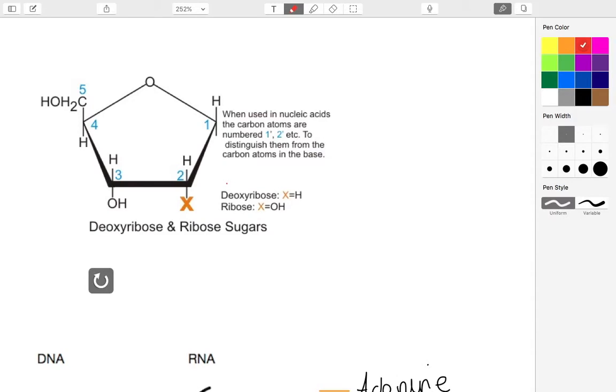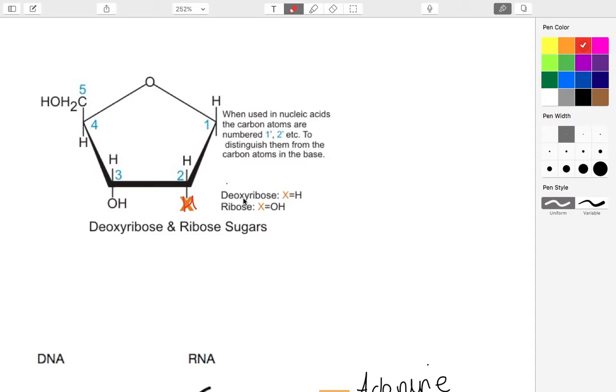So here we have the deoxyribose and ribose sugar. Now, it can be either because we've got an X here, so we can insert either an OH, which would make it a ribose, or an H, that would make it a deoxyribose, and that is simply the difference between the two. So if it was deoxyribose, I would write an H. So if I gave you this molecule and I said, there's an H here, is this deoxyribose or ribose?